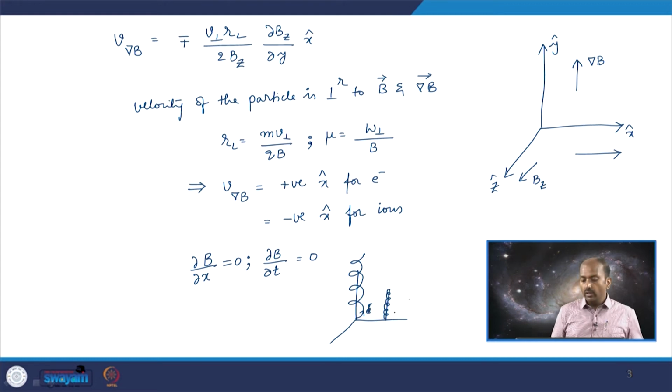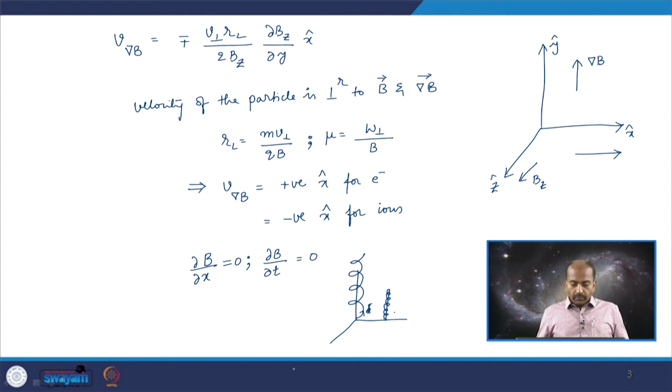The radius of gyration is proportional to the mass. What we have seen is that both the particles will move in the same direction. Of course, their radius of gyration will be different, proportionate to the amount of mass. So electron being a lighter particle will have a smaller radius of gyration, whereas the ion being a heavier particle will have a larger radius of gyration.